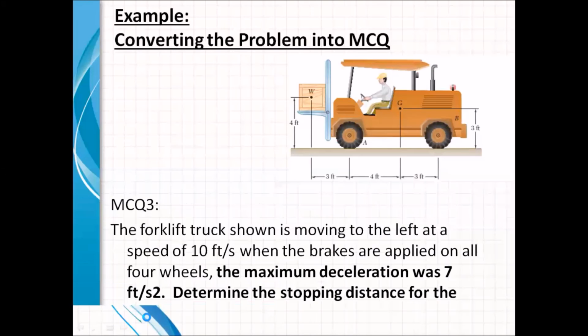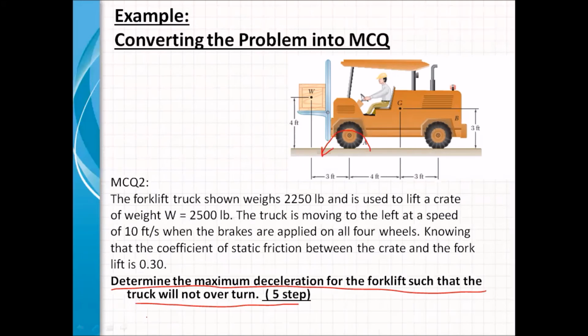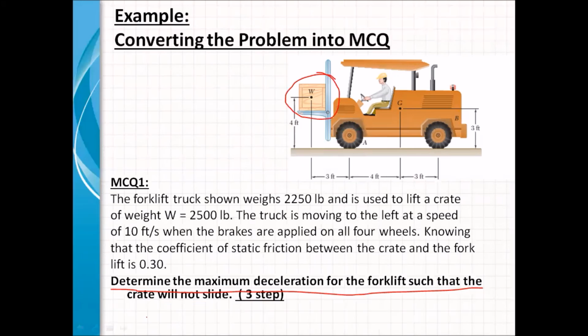Notice that here we have 2 steps. In the previous one, we have 5 steps, and here 3 steps. I recommend that when we assign points to each question, it should be proportional to the number of steps involved in solving the question.